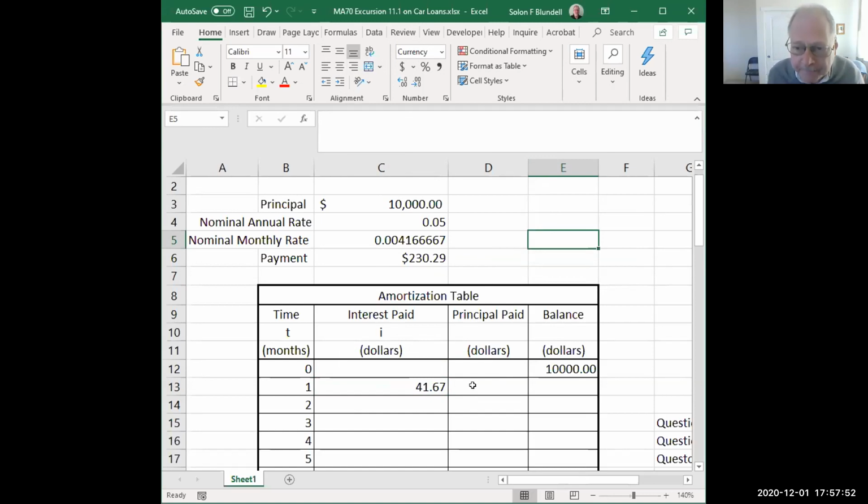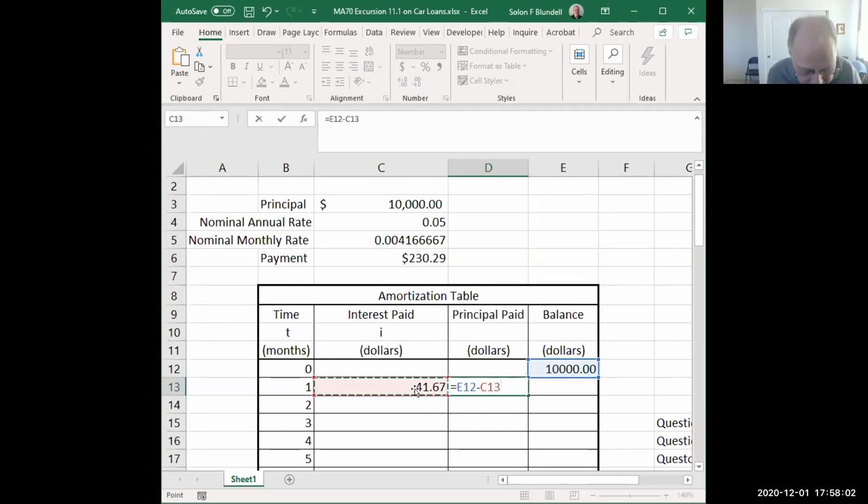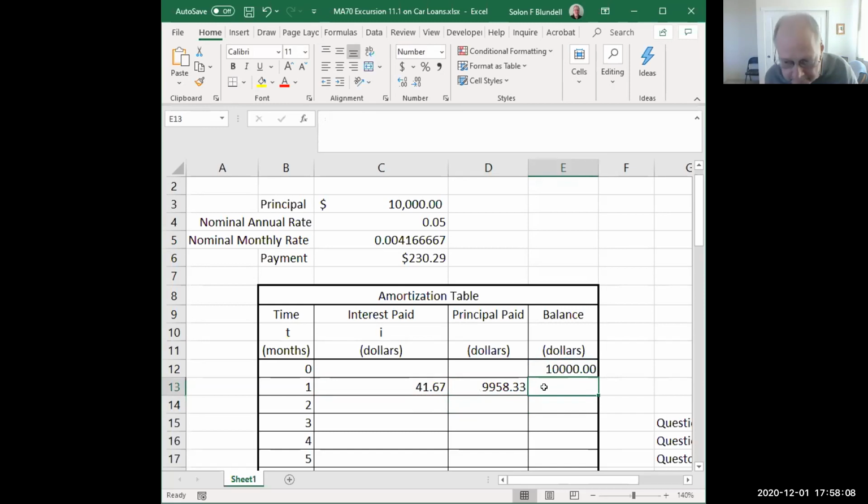Okay. So now the principal paid. I'm going to take whatever principal I owed at the previous step, subtract the interest paid. That's how much of the payment went to principal. And then to get the balance, I'm going to take whatever the balance was at the previous step and subtract the principal you paid. And I did the wrong thing here.